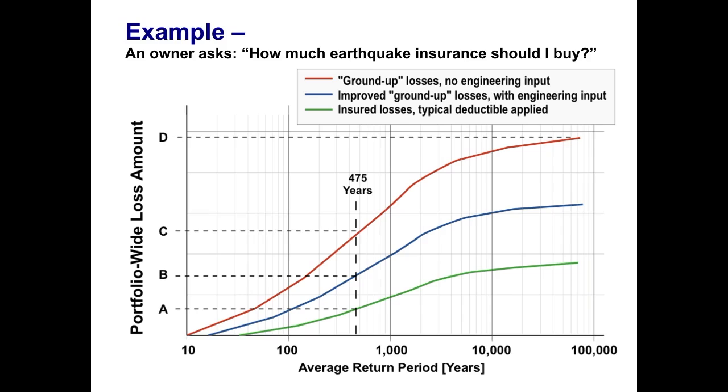And then if we go in and do improved modeling with engineering input for the buildings and for the sites, then some of the conservatism might be removed and the blue curve might be what results. And then if we're really looking for insured losses, the losses that would be paid by the insurer, we can put deductibles or other buffers in play, and we could be down to the green curve.